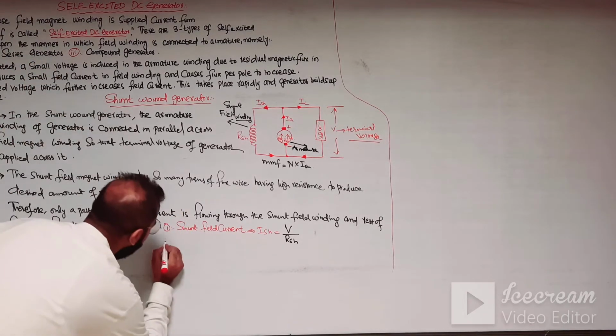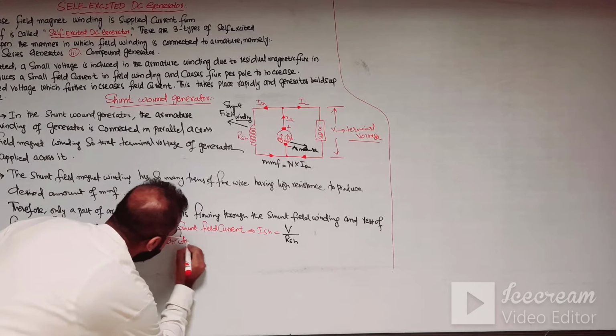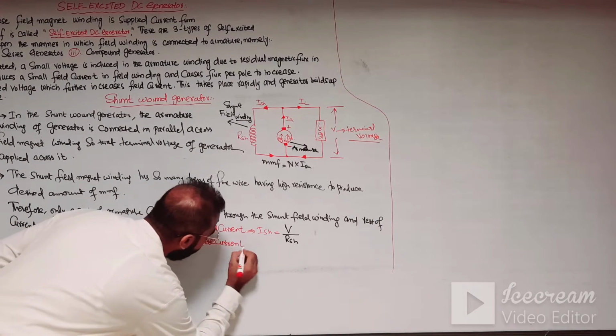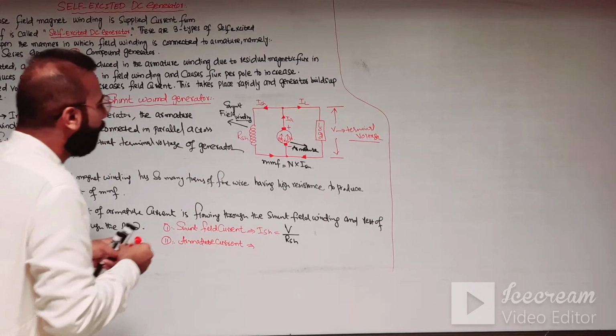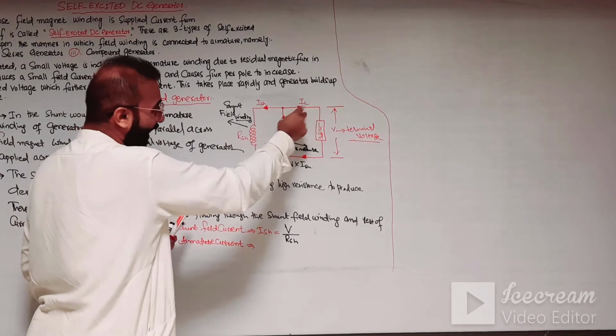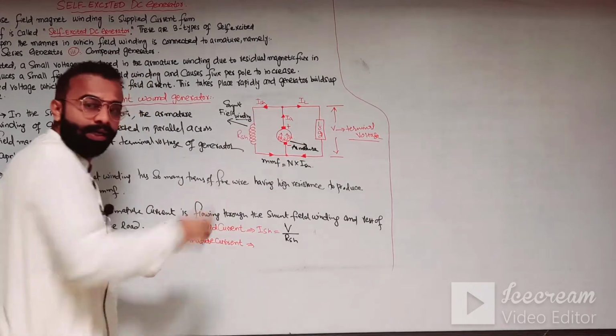Second one is the armature current. As you can see, this armature current Ia is the sum of IL plus I shunt.